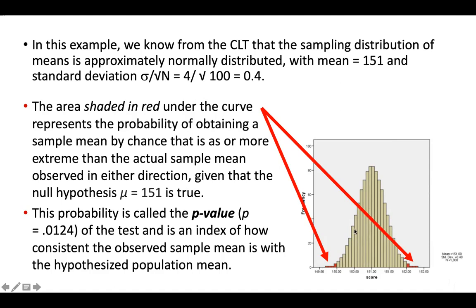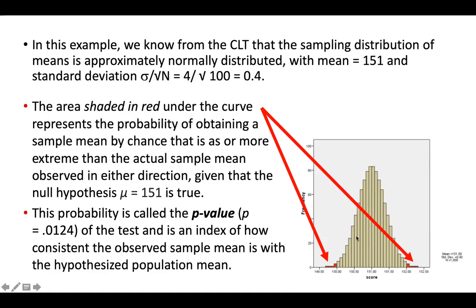And that is the sampling distribution under the assumption that our sample comes from a population that has a true mean of 151. So it's centered on the population mean. We also know the standard deviation of this sampling distribution, the standard error: the population standard deviation divided by the square root of our sample size.